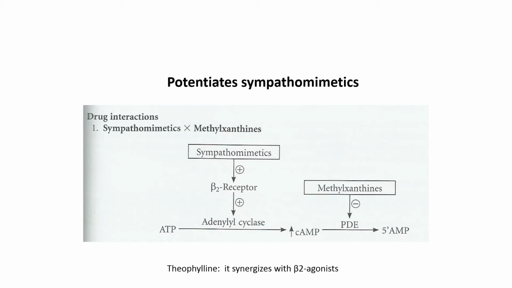Yes, because the beta 2 agonistic drug is also increasing cyclic AMP, and methyl xanthines, because they are inhibiting cyclic AMP phosphodiesterase, are also ultimately increasing the level of cyclic AMP. Because both of them increase cyclic AMP, they can synergize each other's action.